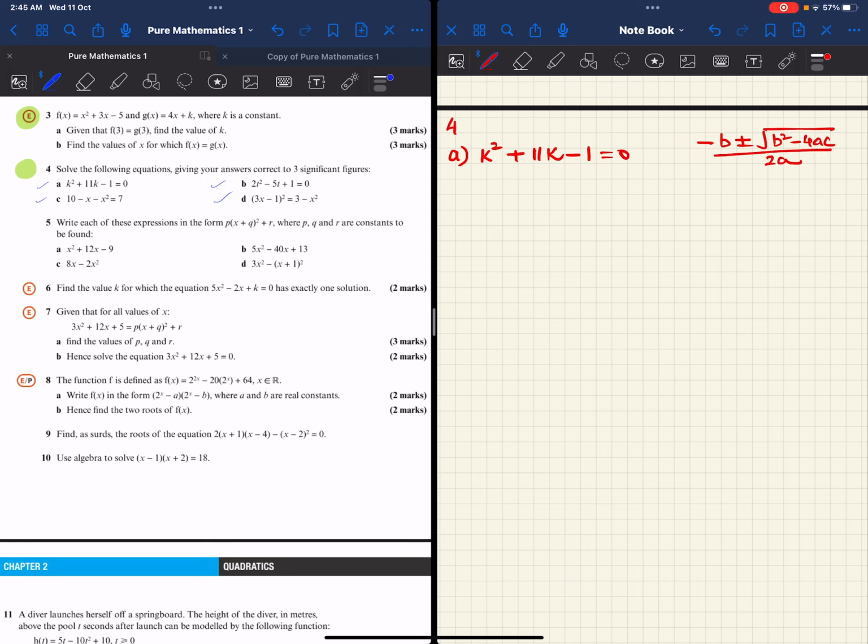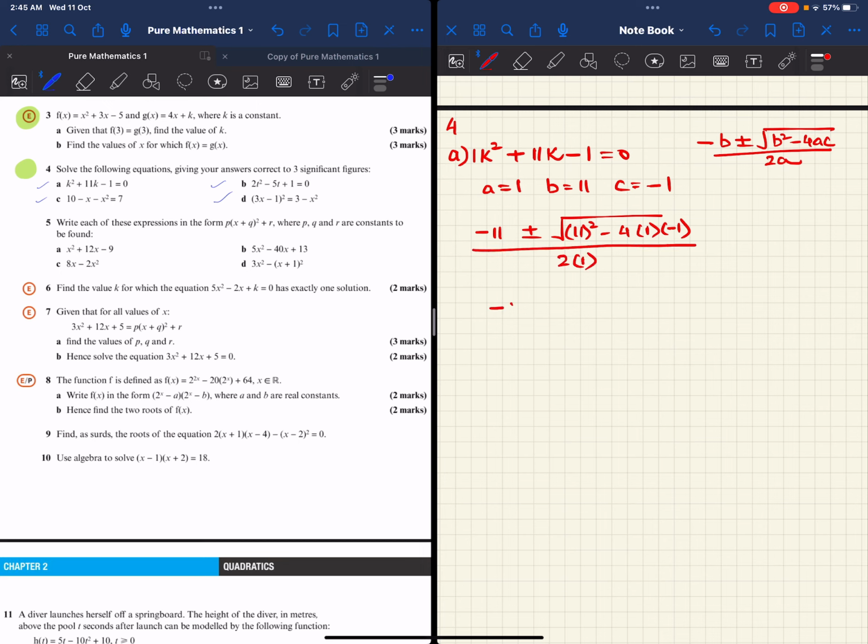So a is equal to coefficient of k squared, which is 1. b is equal to coefficient of k, which is 11. And c is equal to negative 1. So minus b plus or minus square root of b squared minus 4 into a into c divided by 2a.